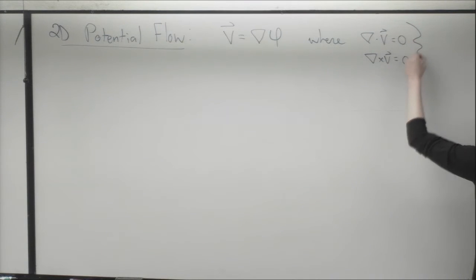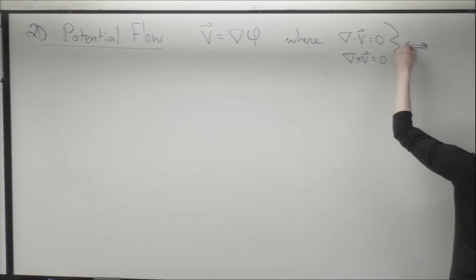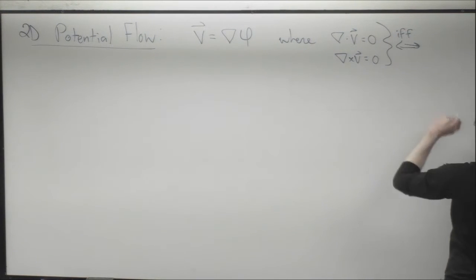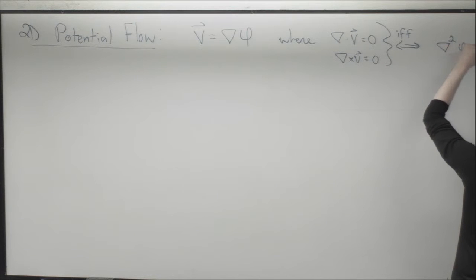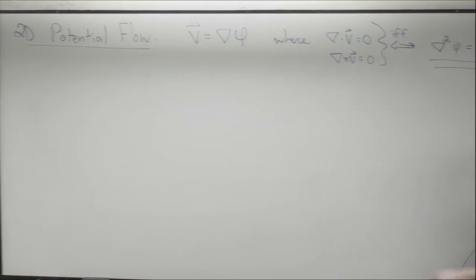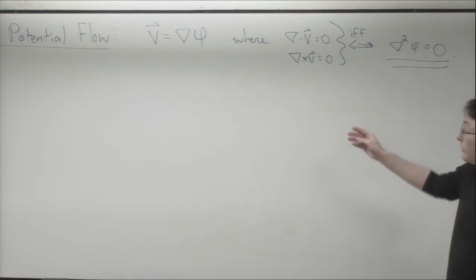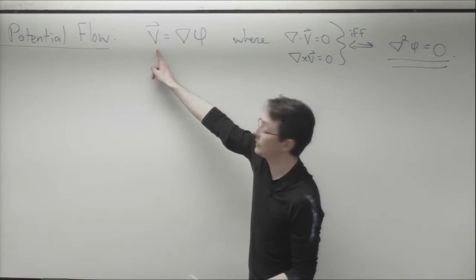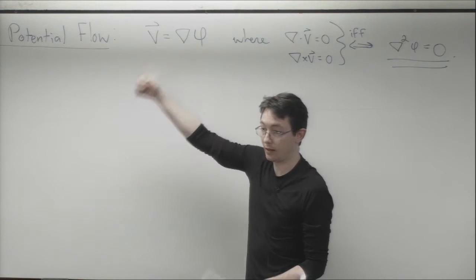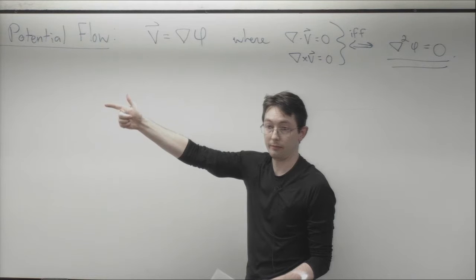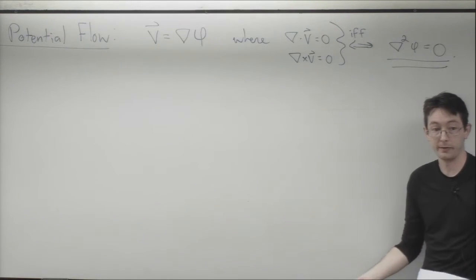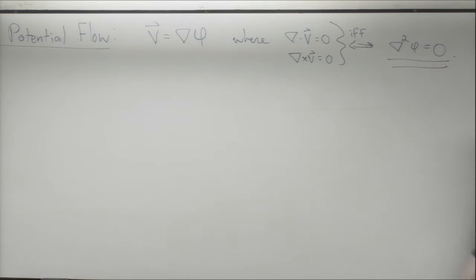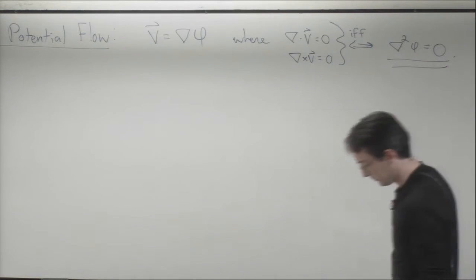And that's true if and only if the Laplacian of phi is equal to 0. We derived this in the last lecture: if I want this nice vector field V that's incompressible and irrotational, then it has to be the gradient of some special function phi that solves Laplace's equation. We know this from last time.